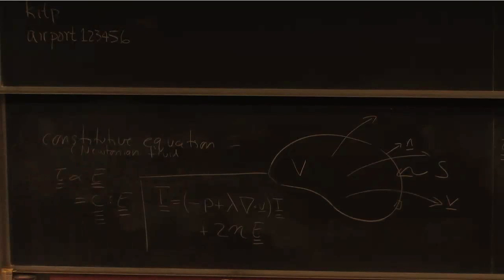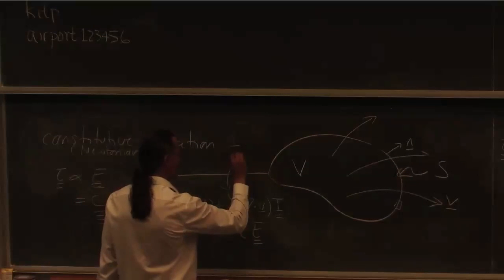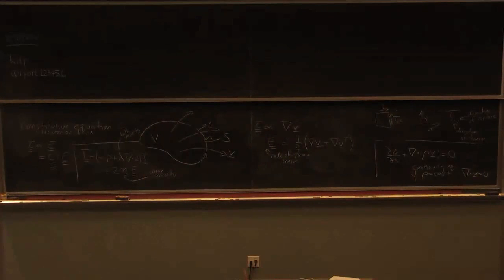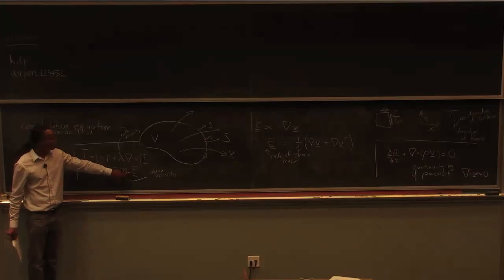So we have two new material properties that enter. This is called the bulk viscosity. The second one is called the shear viscosity. Those are the two material parameters that relate, finally, how things are deforming, E describes the deformation, the spatial gradients of velocity or the divergence of velocity, to the stress.